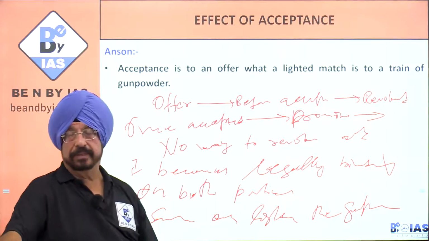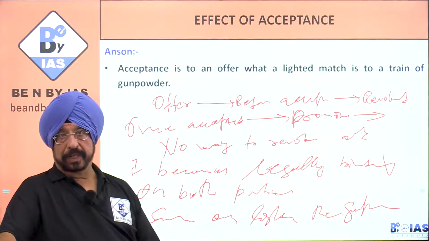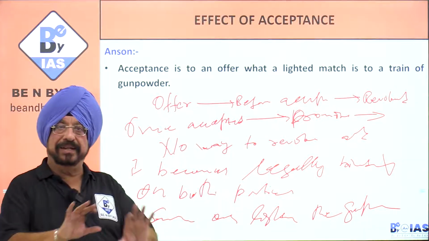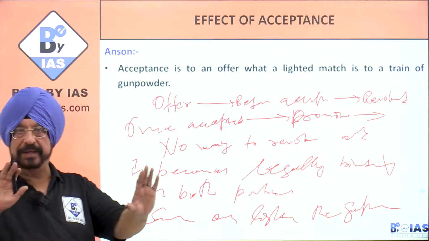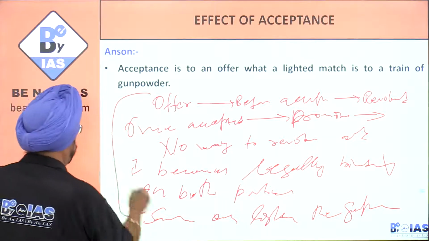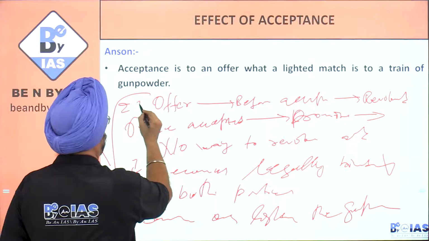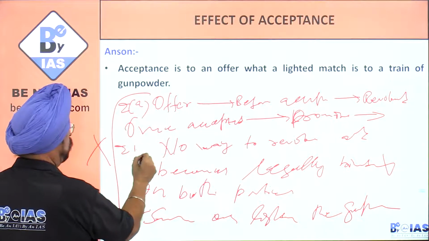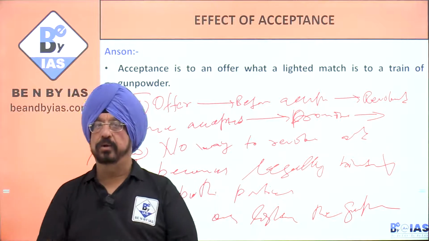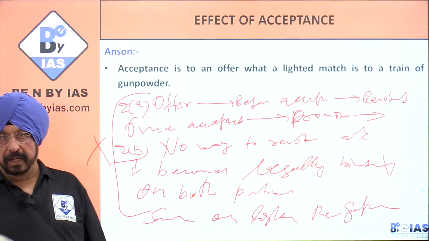Not even 50 words. But you are given the choice to write 150 words, so you can elaborate it a little bit more. But this is what you cannot afford to miss. You can write 2A and you can write 2B section. It will add to the quality of your answer.